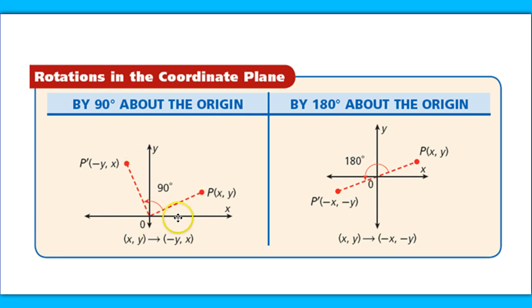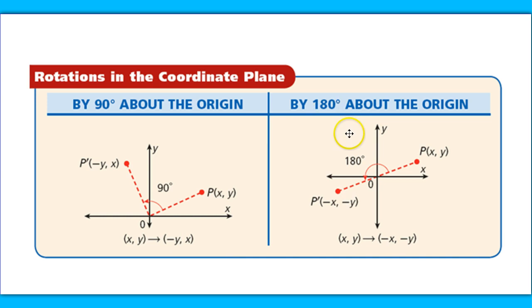Let's give some values to make this more of an example. Let's say we're going 5, 2. Notice we're now at, with the image, negative 2, 5. Okay, so that sometimes is a little more comfortable when we substitute some values in, right? So when we rotate 90 degrees about the origin, we take a point from x, y to negative y, x.